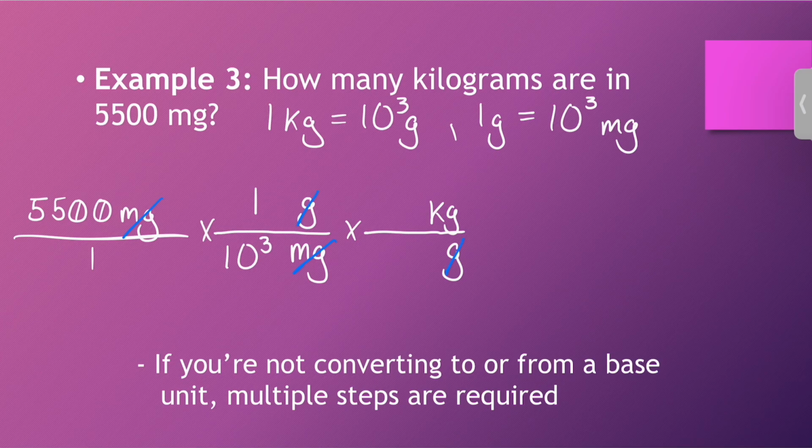This means my conversion factor should be 1 kilogram to 10 to the third grams. Then I just need to do the math. And this answer should come out to 5.5 times 10 to the negative third kilograms.